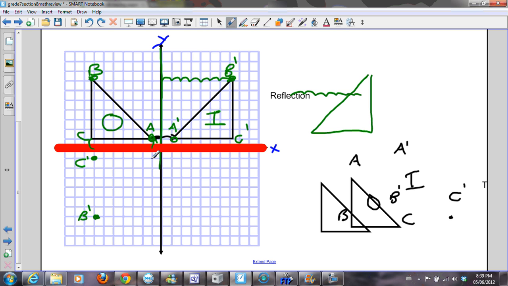I'll go 1 block away from the mirror line, so this is A prime. All I have left to do now is join them with a ruler. So I'll join my B prime to my A prime to my C prime, and there you have a perfectly reflected image. You just got to make sure you're doing the opposite distance away from the mirror line.